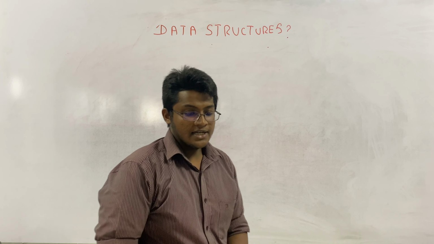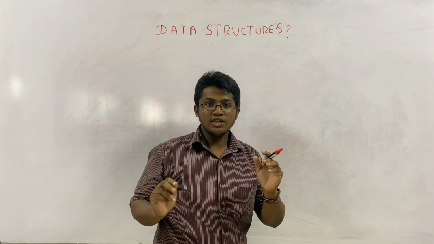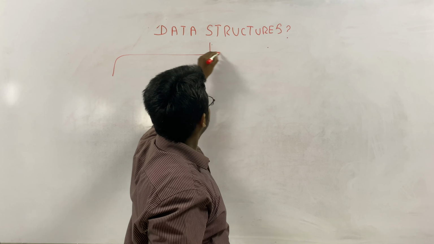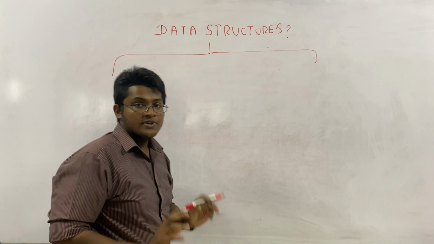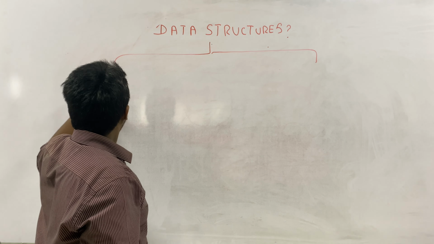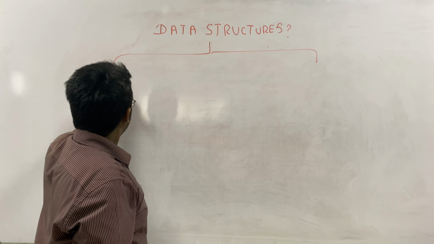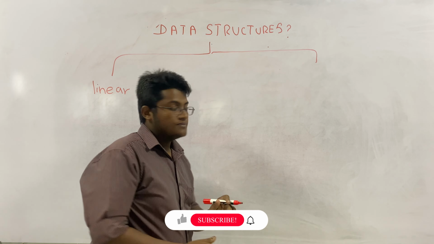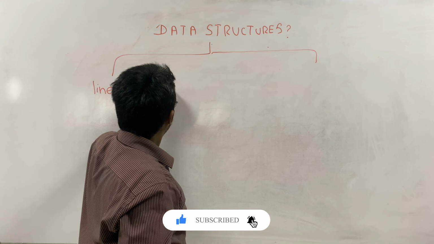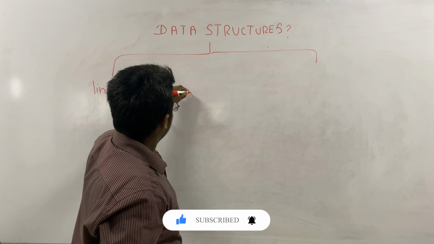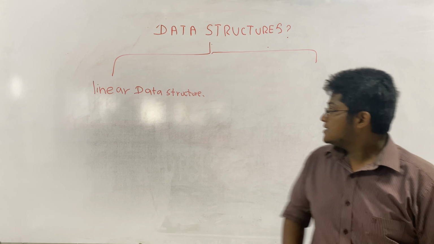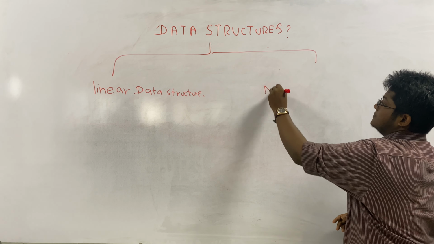So, data structures can be divided into two types. First one is linear data structure, and the second one is non-linear.